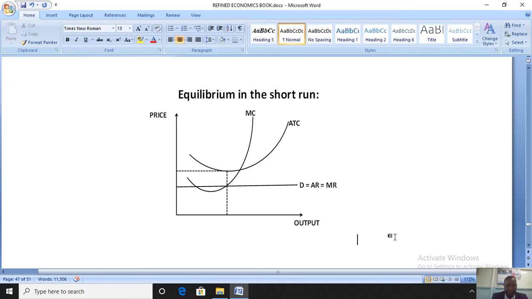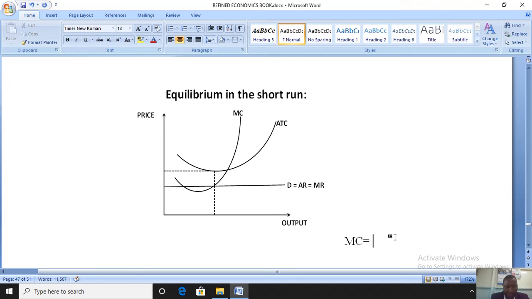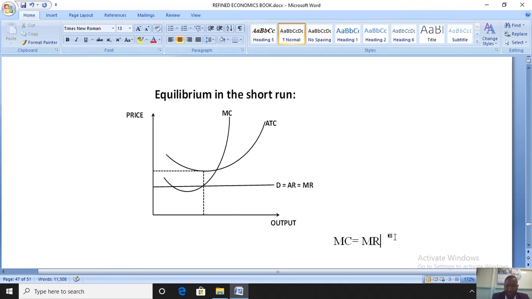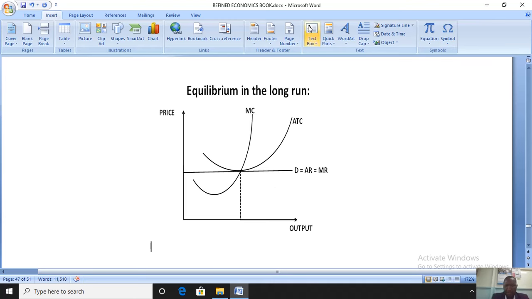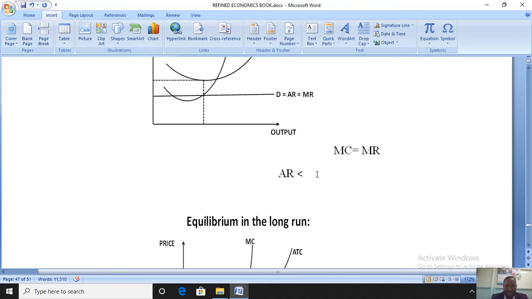So if at that profit maximization point we have our average revenue less than our average cost, it means that the firms are making losses. This is equal to a loss.